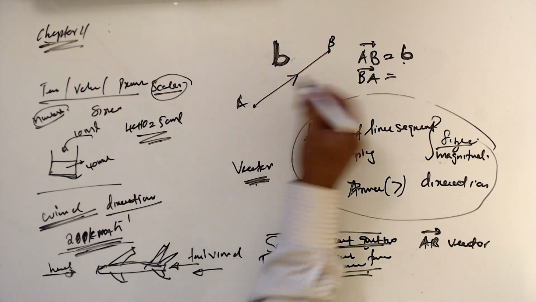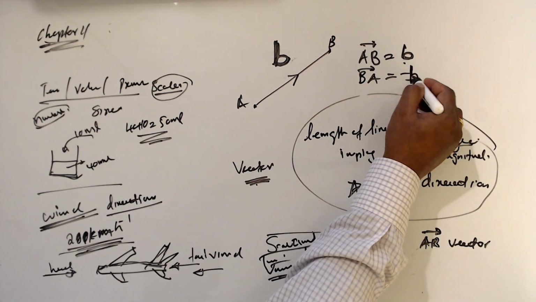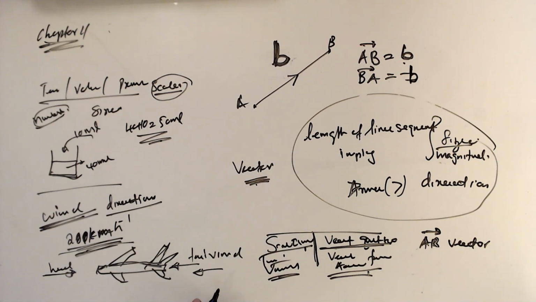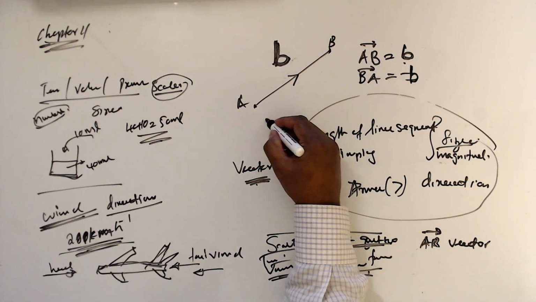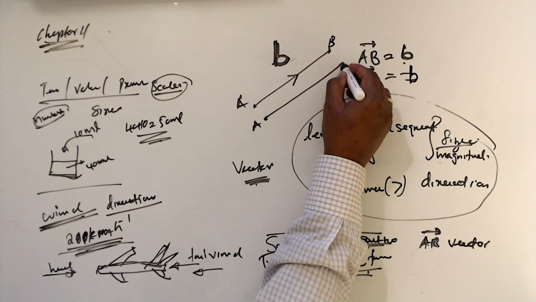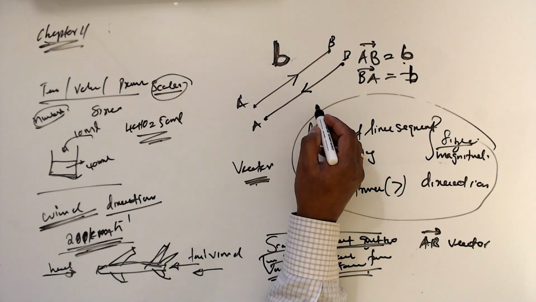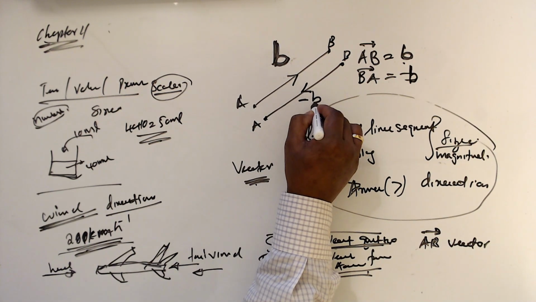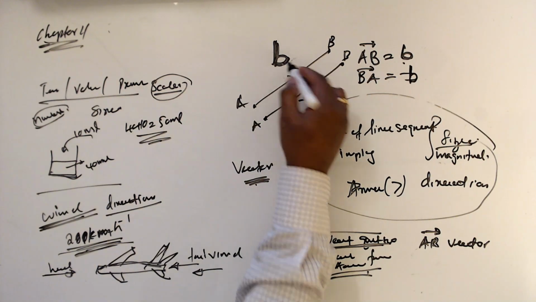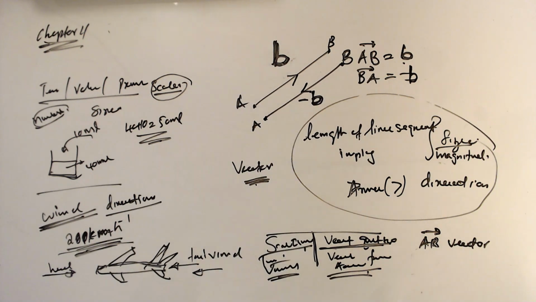B to A is then minus B. If you change the direction, it becomes minus B. How do we draw this one? So we'll write A, B, and we put the opposite direction, and we put minus B. If it goes A to B, it is B. Now it is coming in the opposite direction. So then it has to be minus B.